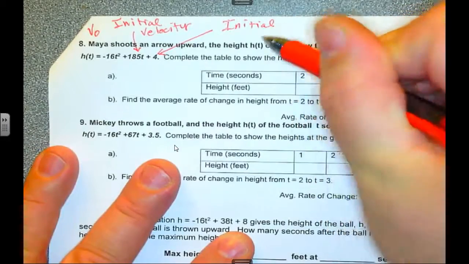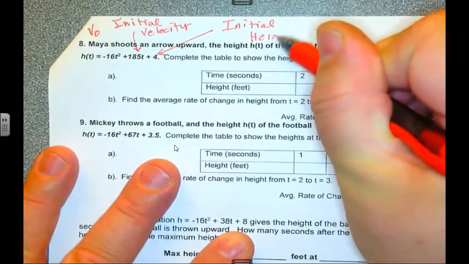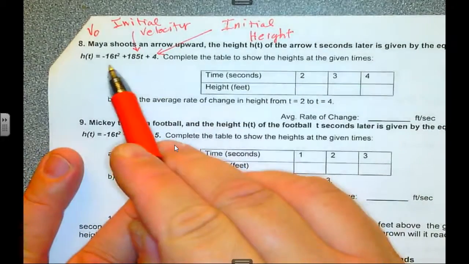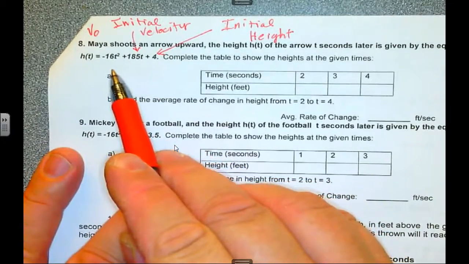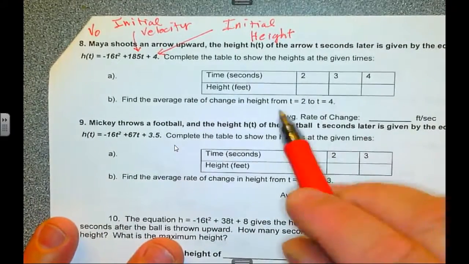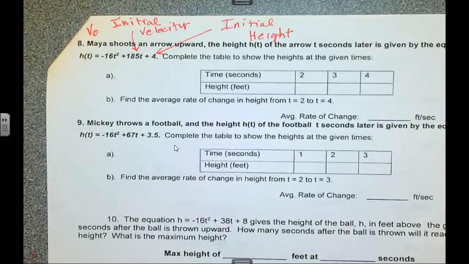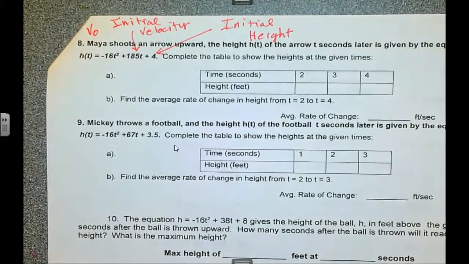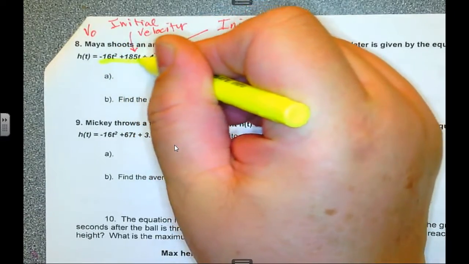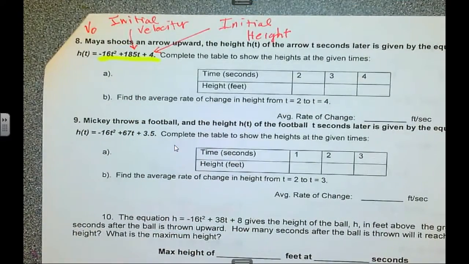And then we talked about what the -16 represented, feet per second, gravity, acceleration of gravity. Okay, so what I'm going to do is, I'm actually doing your problem, right? I'm going to be putting this into my calculator.